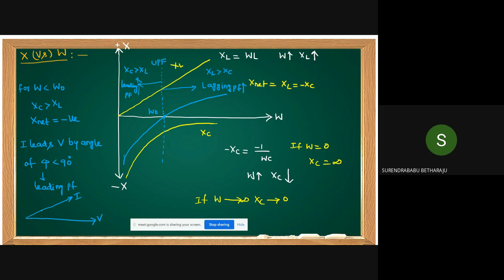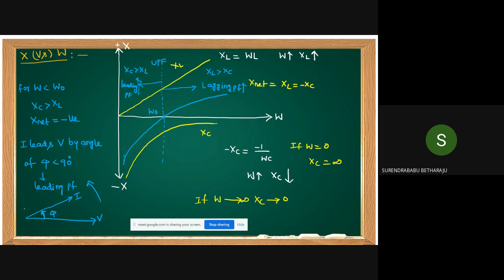I leads V by angle phi. We are measuring this angle clockwise or anti-clockwise, sir? The reference is V here, and I leads V. The vector rotation is always in the anti-clockwise direction. This concept I explained in the AC analysis also.